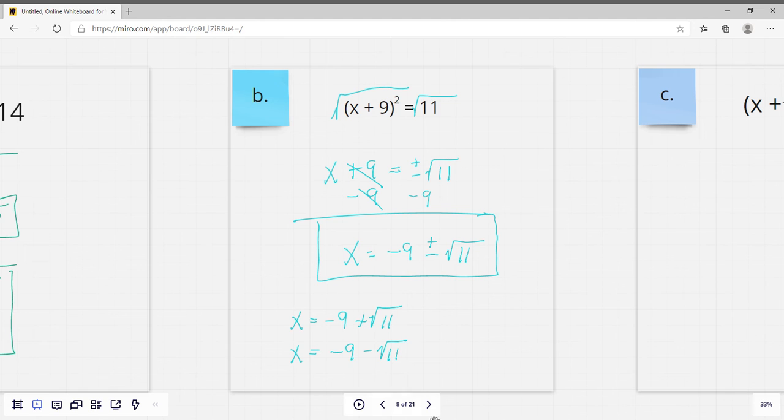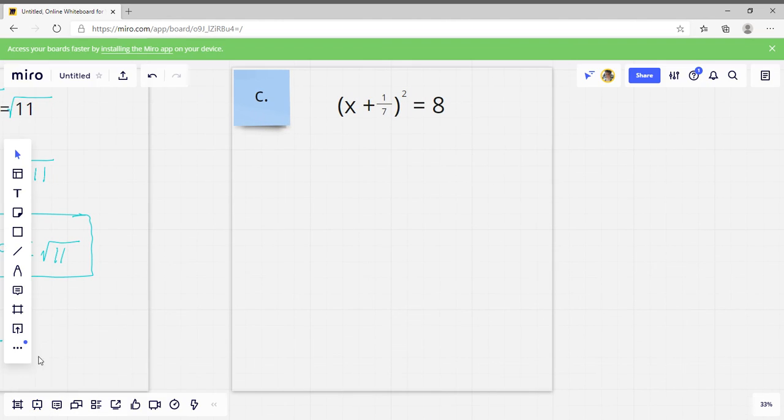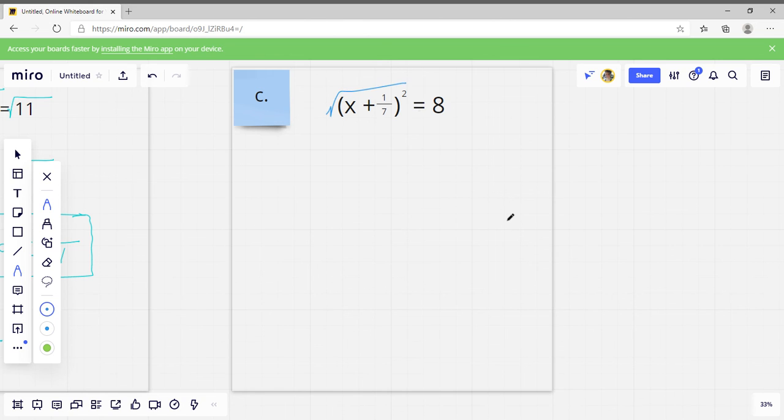All right, and last practice problem. And this one's exactly like the others. So we're going to square root that and square root that. So we get x plus 1 over 7 equals positive or negative square root of 8.